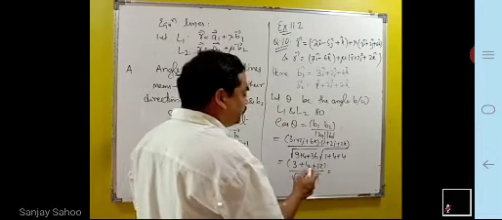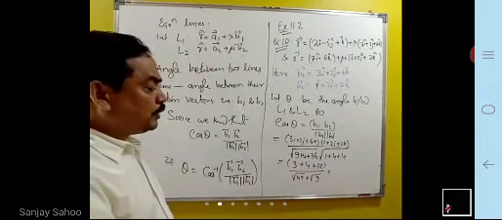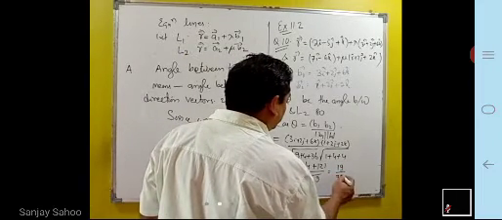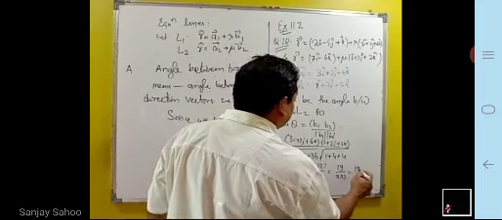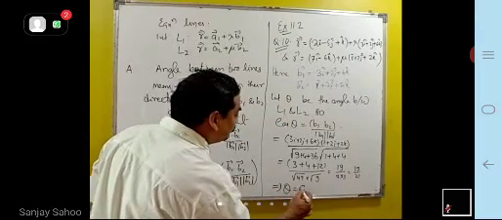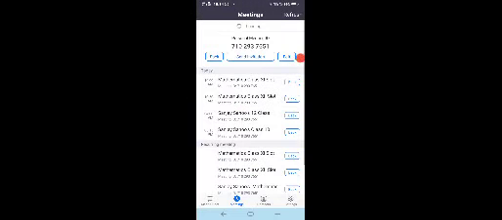That is 12 plus 4, 16, 16 plus 3, 19. 19 upon 7 into 3, that is 19 upon 21. This implies theta is equal to cos inverse 19 upon 21. This is the answer, the angle between these two lines. Got it? Understood everyone?